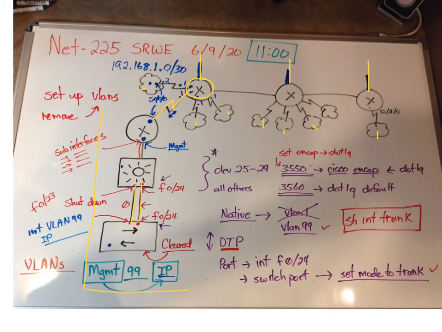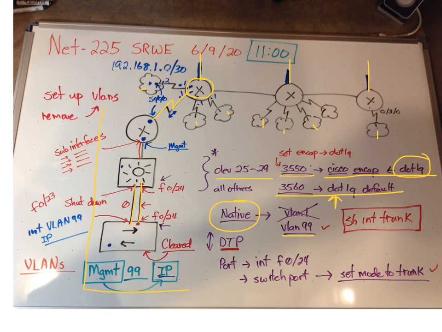Had a few issues, so we talked about devices 25 to 39. I believe those are 3550s. You're going to have to do some encapsulation, dot1Q. We'll look at some specifics on that tomorrow. 3560s should default to that. Pretty easy to get a native VLAN mismatch depending on how you have your VLANs and so forth.